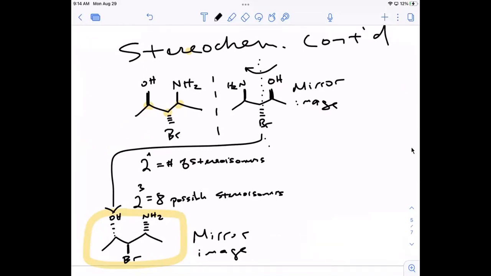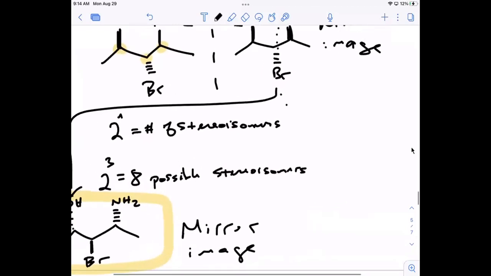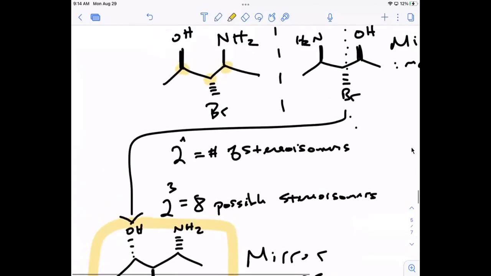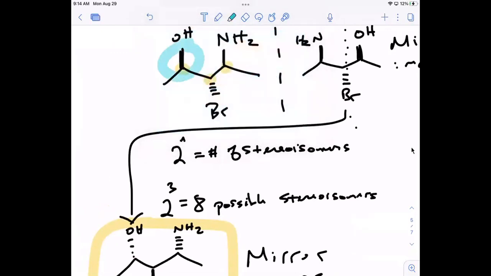What happened to all of the chiral centers? Are they the same? If you look at this chiral center right here, if we look at that and that, is that the same? Are they going in the same direction?